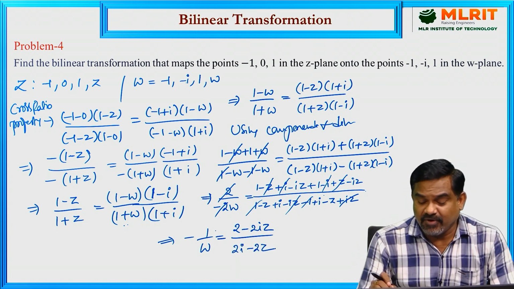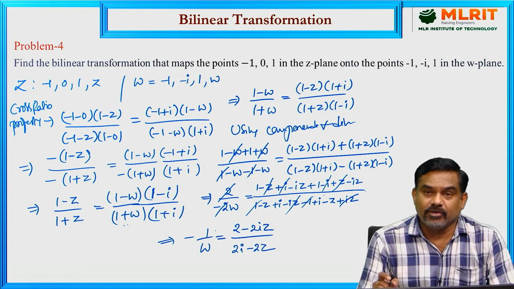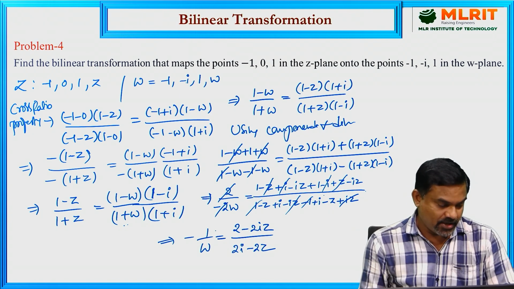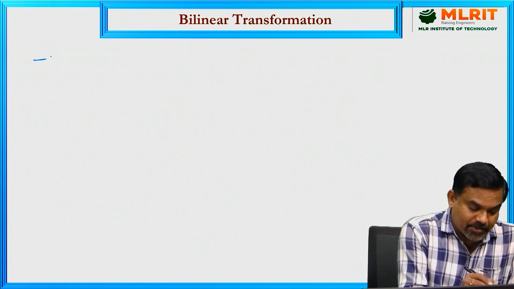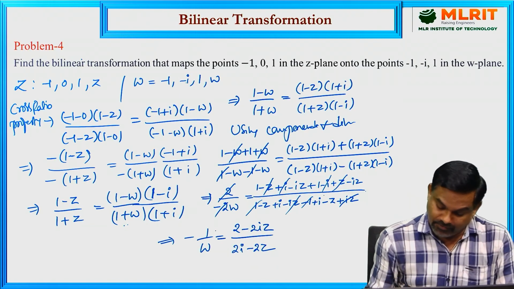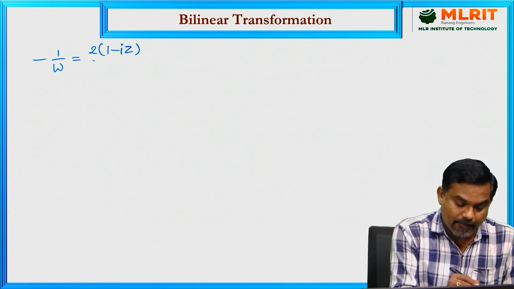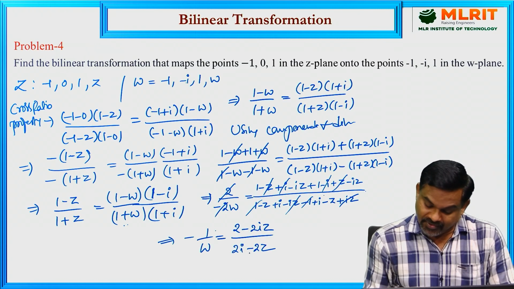So this is the advantage of using the property componendo and dividendo. The ratio will be simplified. Now we need w actually. So let us rewrite this expression, minus 1 by w equal to 2 common, 2 into 1 minus iz by 2 into I minus z.